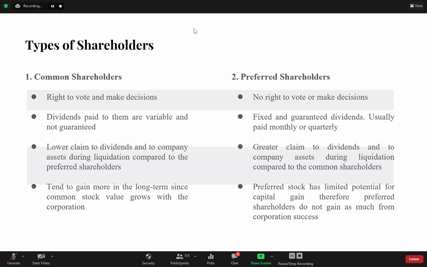And then the third difference or characteristic is common shareholders have a lower claim on dividends compared to the preferred shareholder.